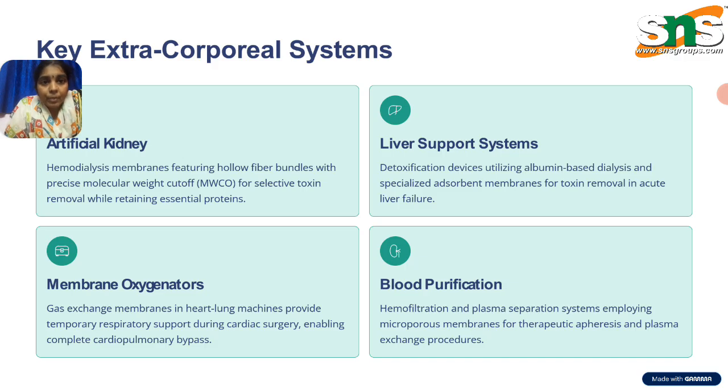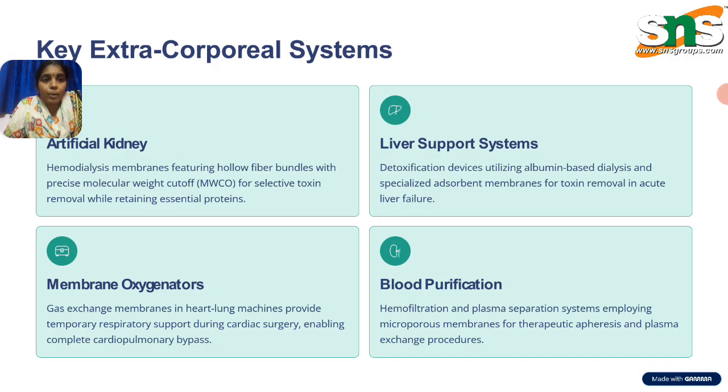Next one is membrane oxygenators. Gas exchanging membranes in heart-lung machines provide temporary respiratory support during cardiac surgery, enabling complete cardiopulmonary bypass. So mainly it is done with the artificial heart and lungs, supporting the respiratory process.